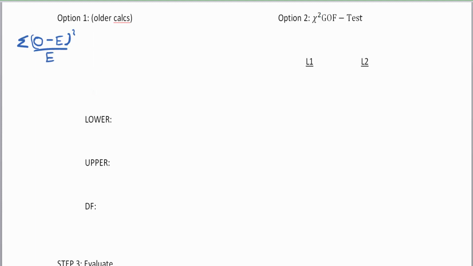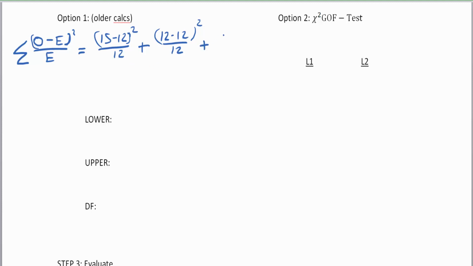It's the sum of this entire fraction, and each column or each day category is going to have its own subtraction. 15 minus 12 quantity squared divided by what was expected, 12, plus the next one, 12 minus 12 quantity squared divided by 12.